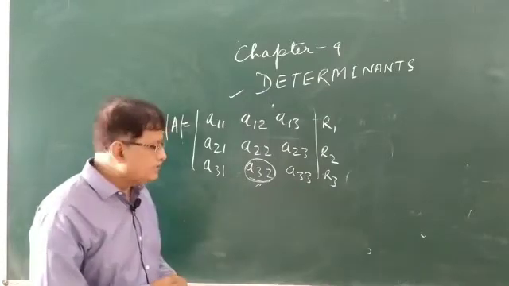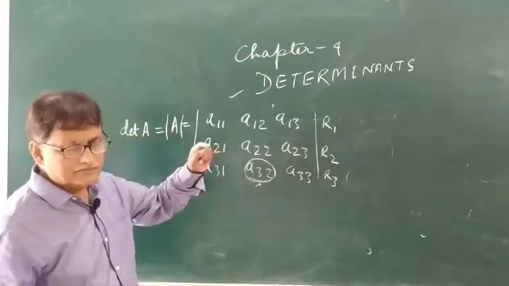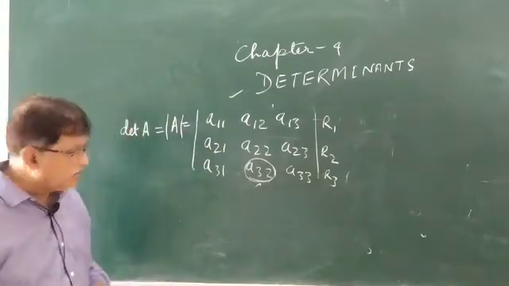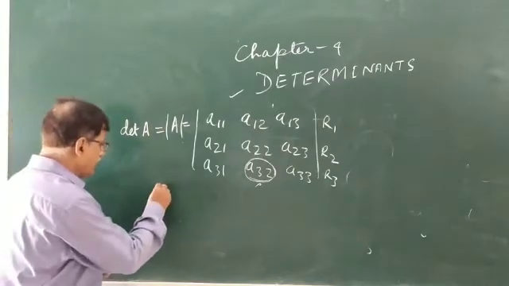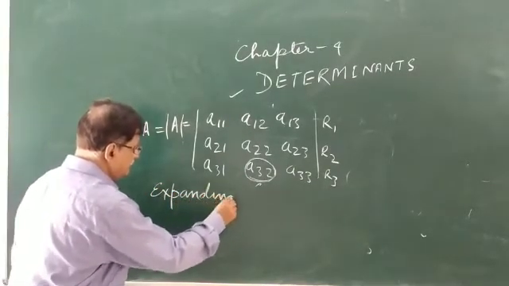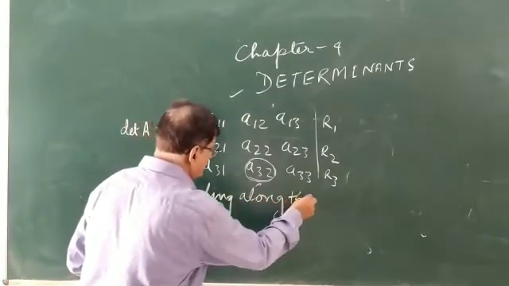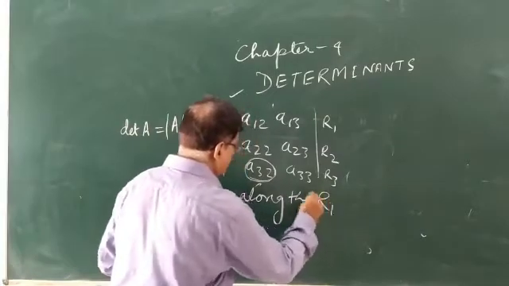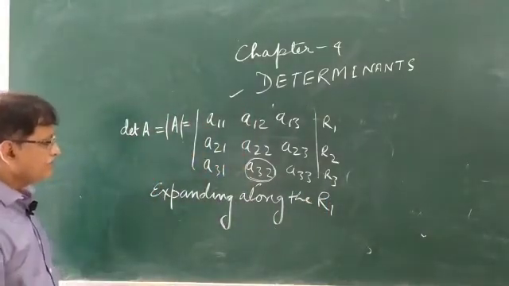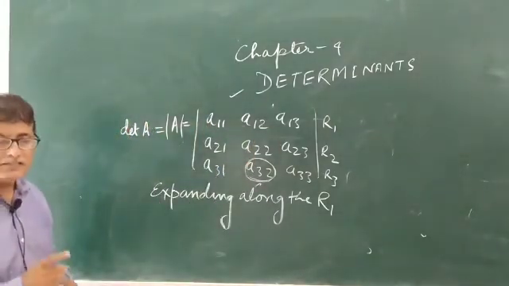Now see, first we are expanding along the R1. You saw how to find the value of this determinant along the R1. So along the R1, how many elements are there? 3 elements there.